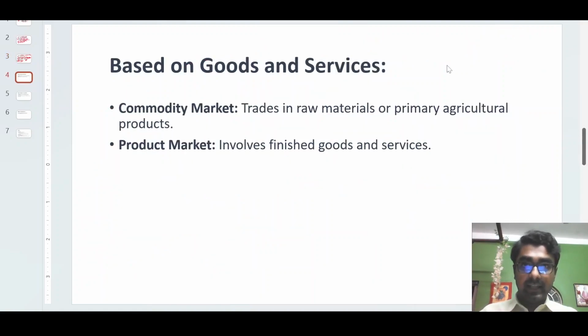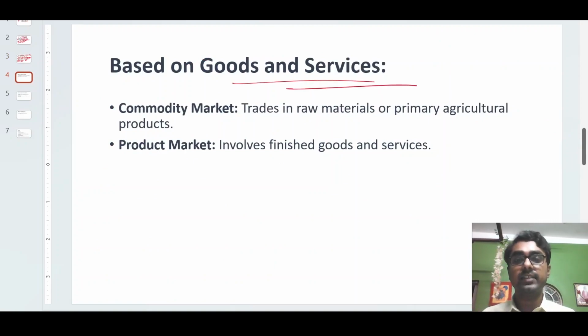Next is about the goods and services, that is, what product I am basically selling, right? That could be a manufactured product, or it could be a commodity product. So on the basis of the product, markets are of two types: the commodity market and the product market.